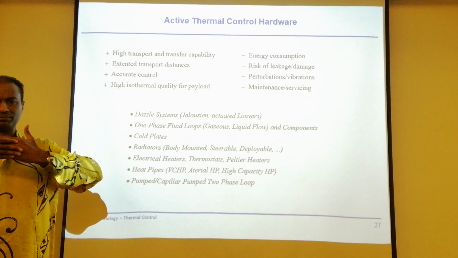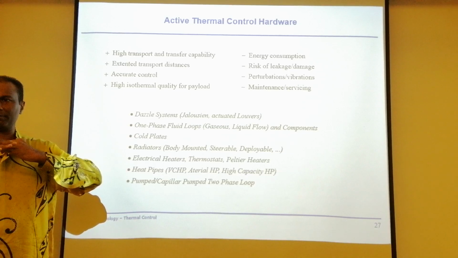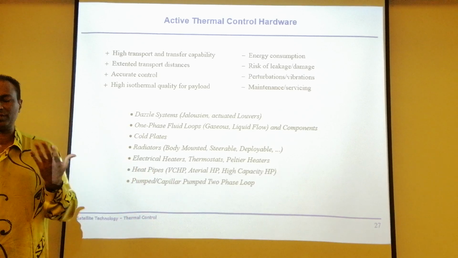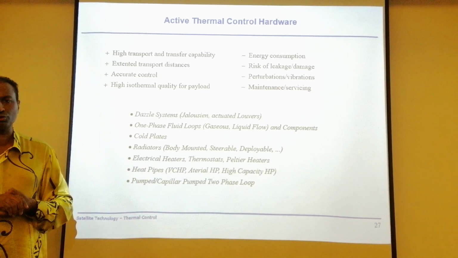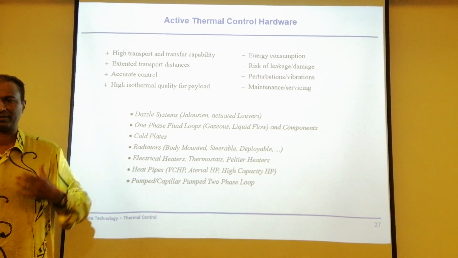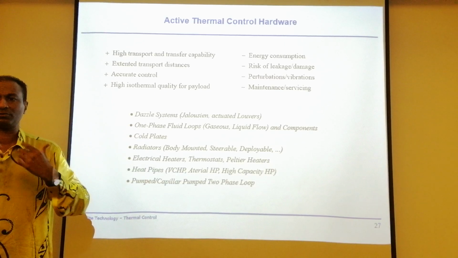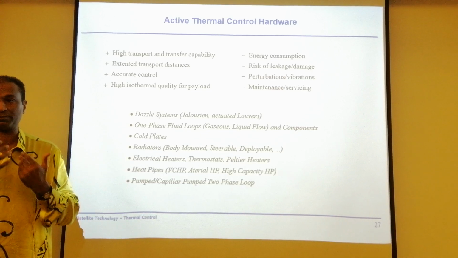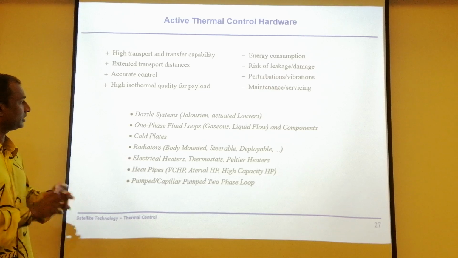When you close the window, you don't have much. So when you open up, you have a larger area, and according to Stefan-Boltzmann's law, you have a bigger surface in contact with the environment. The more radiation can happen, which means more heat can be transported via radiation.